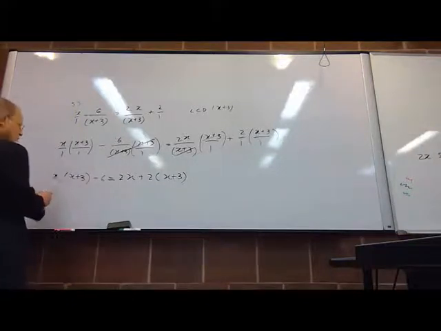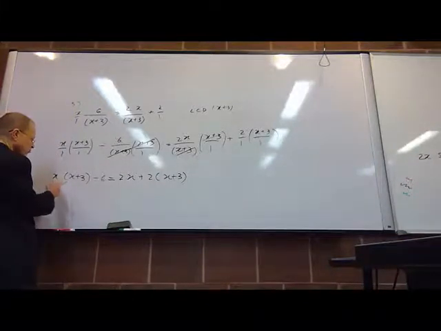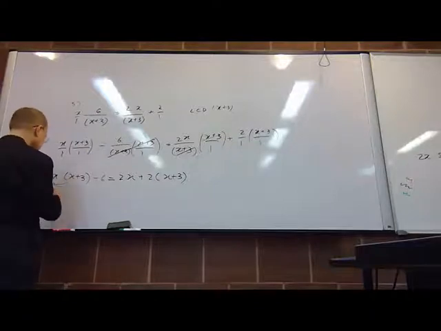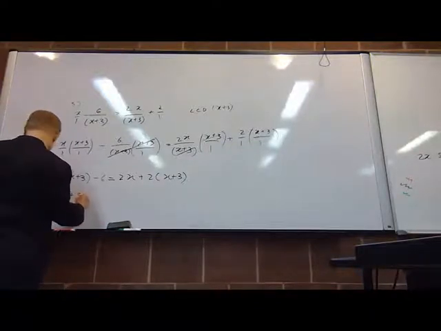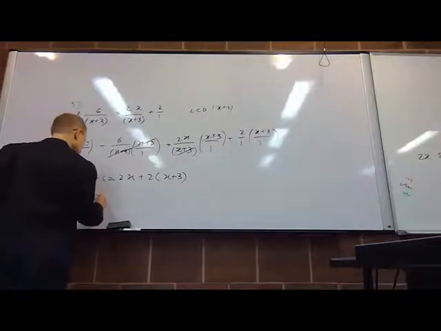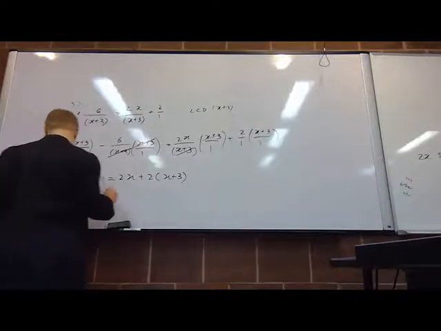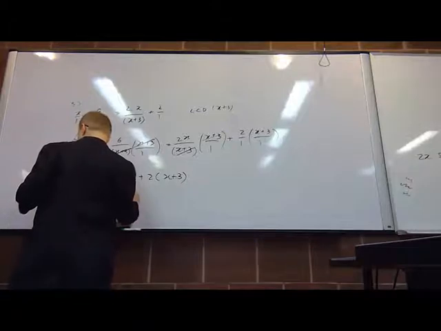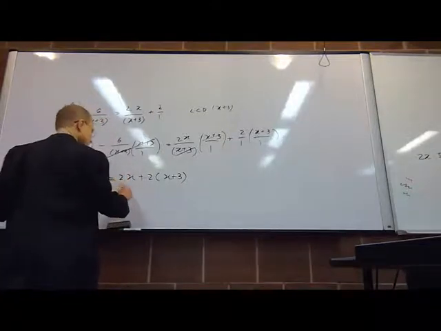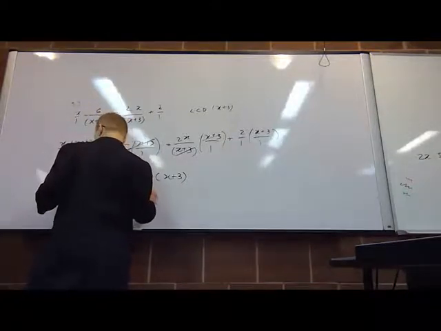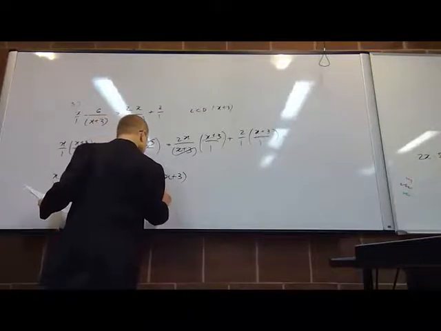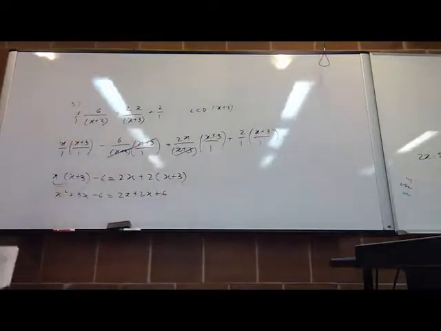So now what I'm going to do is my distributive rule. So I have x squared plus 3x minus 6 is equal to 2x plus 2x plus 6. So there I have that.